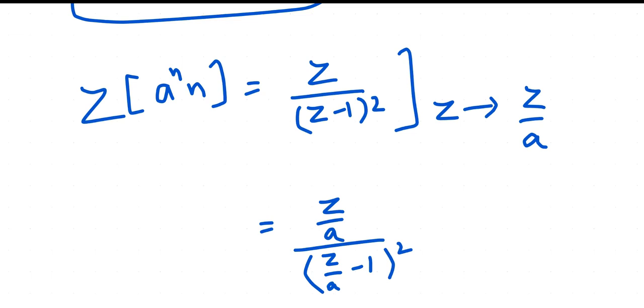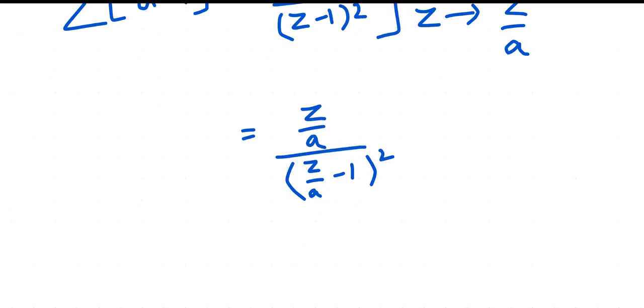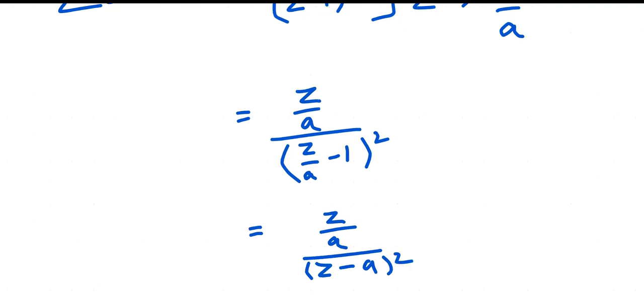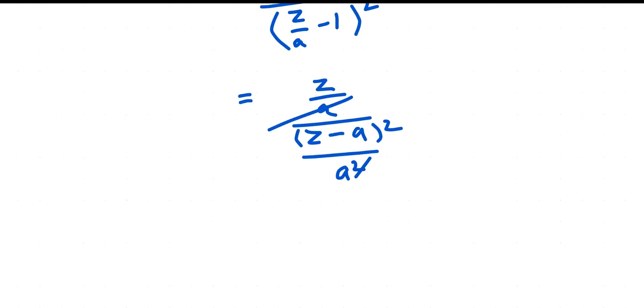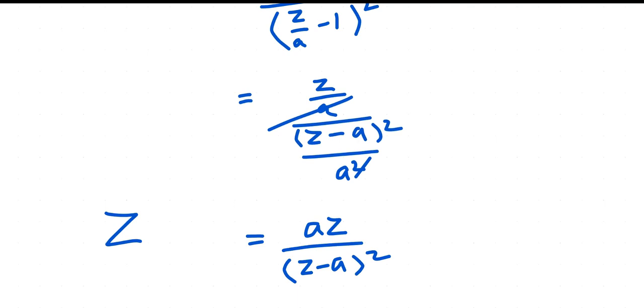Let us simplify this: z over a and (z minus a) whole square over a square. So we have az upon (z minus a) whole square. This is the transform of a to the power n into n. Got it?